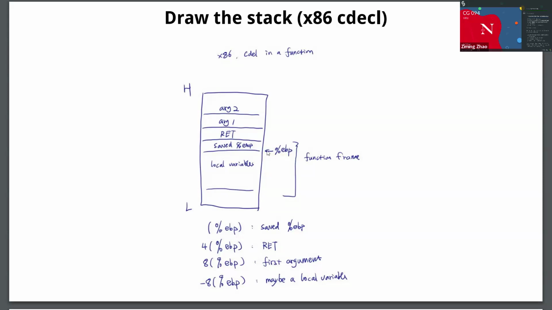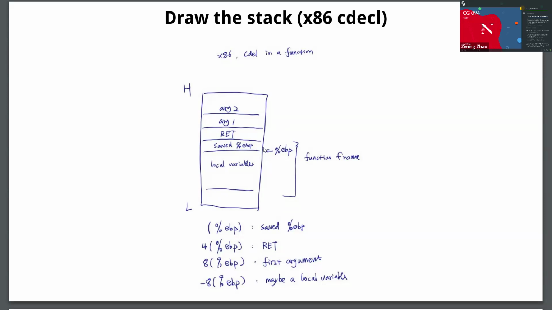From this figure, you can say the saved EBP is where EBP points to. The return address is 4 bytes higher than where EBP points to. The arguments are 8 bytes higher, 12 bytes higher, right? We're still talking about a 32-bit machine.